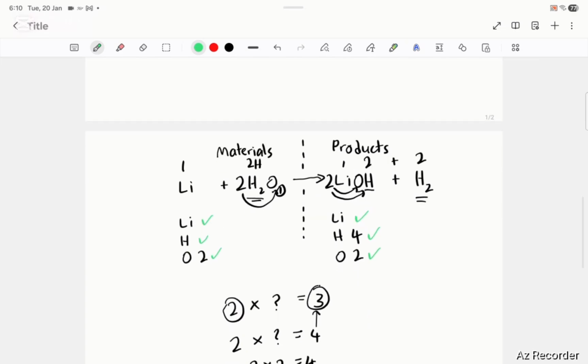Let's look at lithium again. On the left side we have 1, and on the right side we suddenly have 2, because 2 times 1 is 2. So what we did along the way is we accidentally unbalanced the lithium.